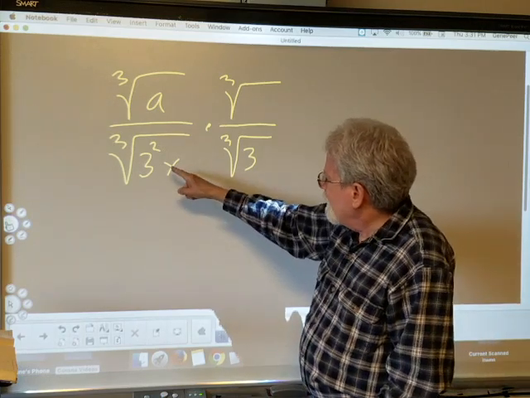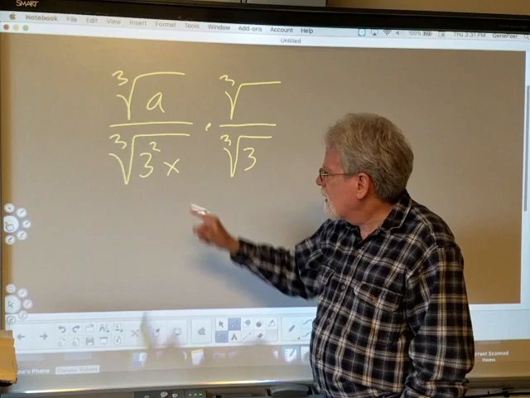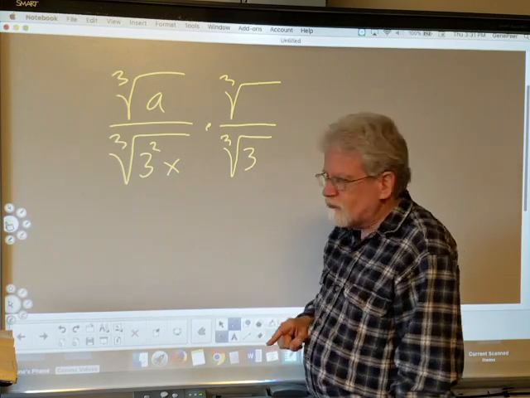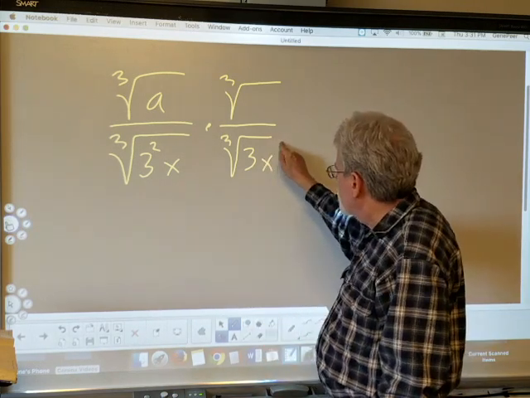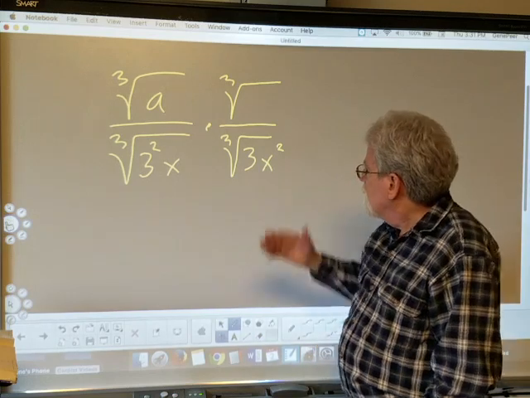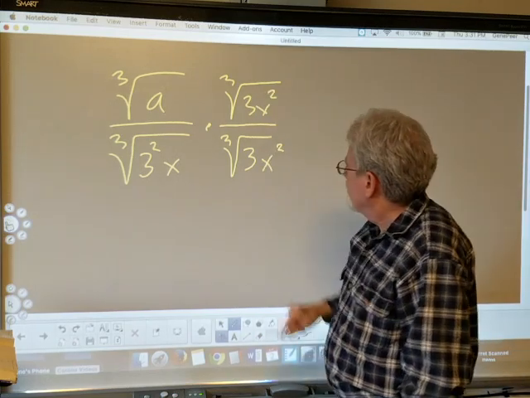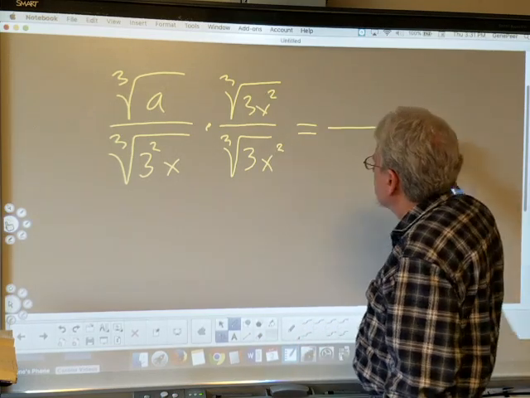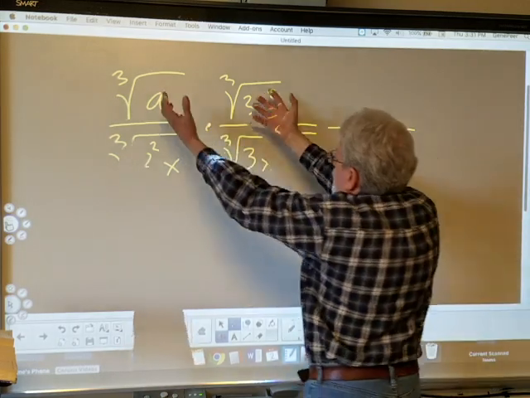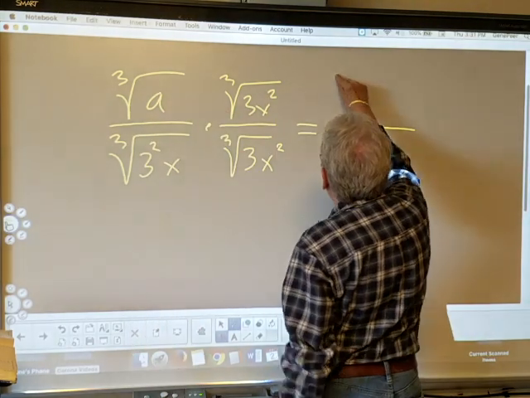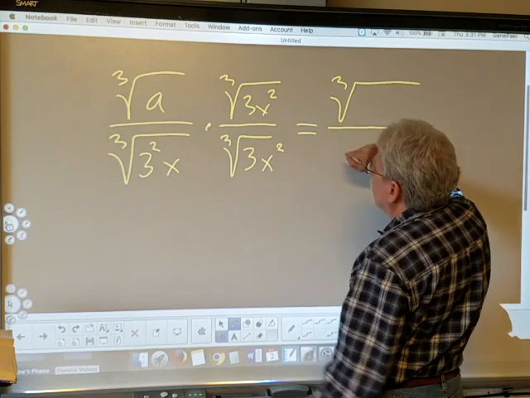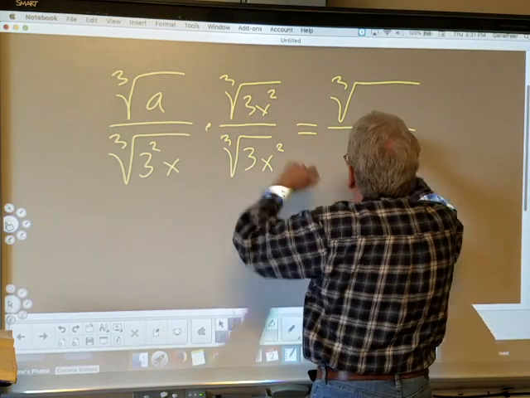And here, I wish that were an x cubed. How can I make it into an x cubed? Yeah, I hear what you're thinking. Just multiply by x squared. That'll do it. Same thing up here, of course, 3x squared. So what do I end up with? Numerator, just combine the radicands. Cubed root of 3ax squared.